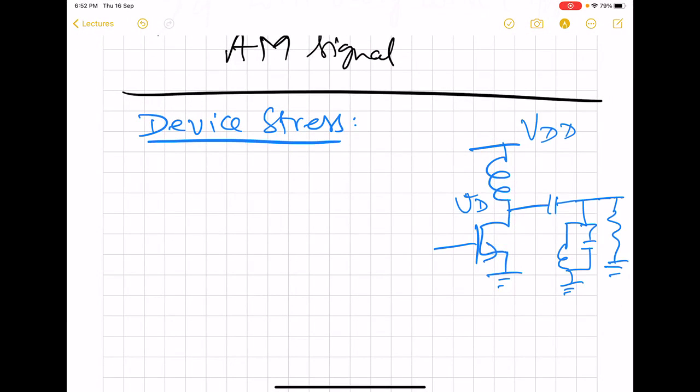So we want to know the device stress. That means we want to know the maximum value of this drain voltage and the maximum value of the drain current that this device will experience.